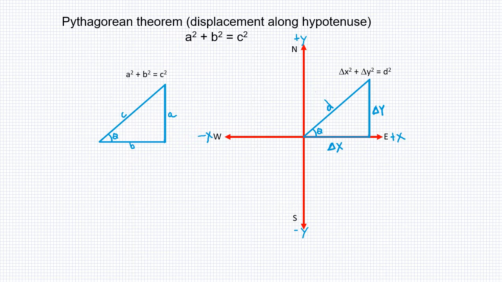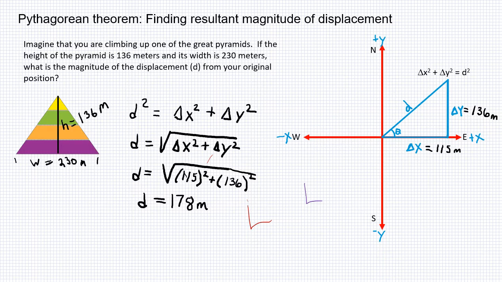So let's look at an example of a problem where we can use it. Let's say that you're feeling very energetic. You go to Egypt and you're going to climb up one of the Great Pyramids. Over here I have a pyramid labeled, and I've drawn a line here.